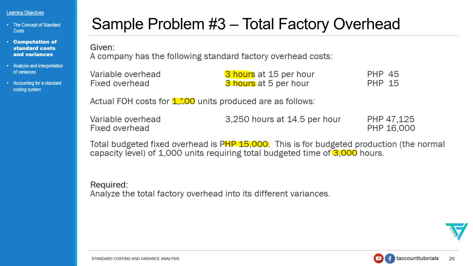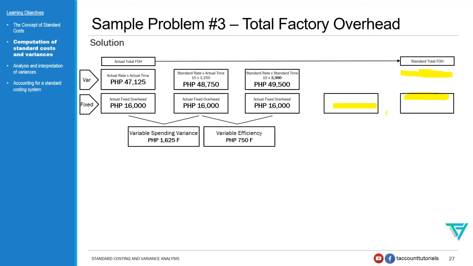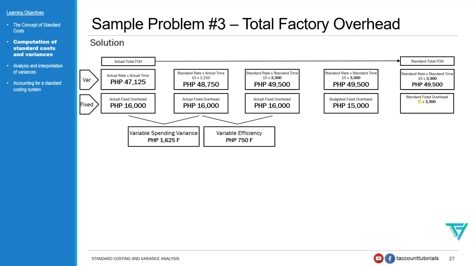So we multiply that similarly with 1,100 actual units produced, which would also give us 3,300 hours standard fixed overhead allowable for actual production, right? Let's just clear up the slide. So same, multiply the standard fixed overhead rate by 3,300 hours gives us 16,500, okay?